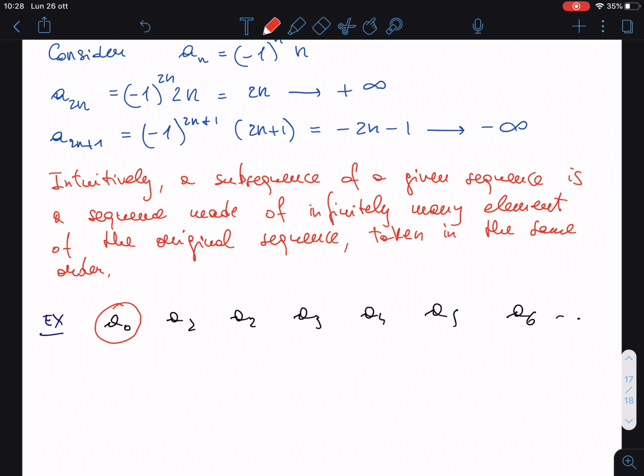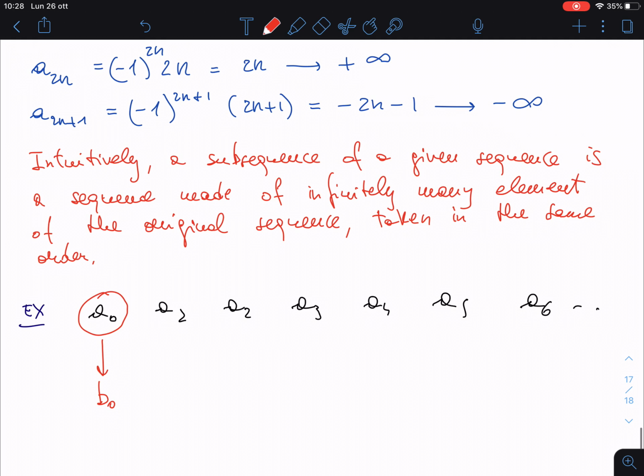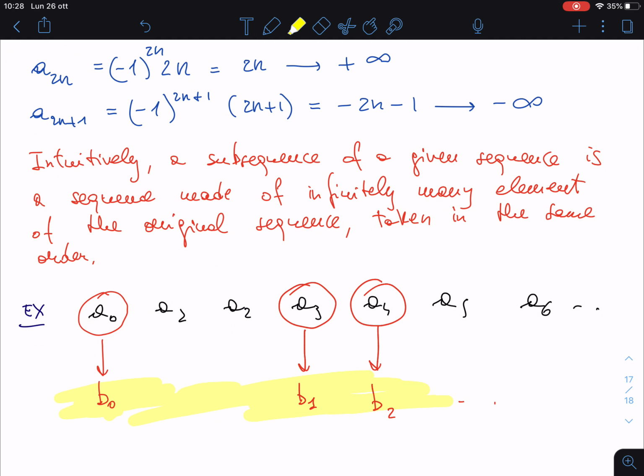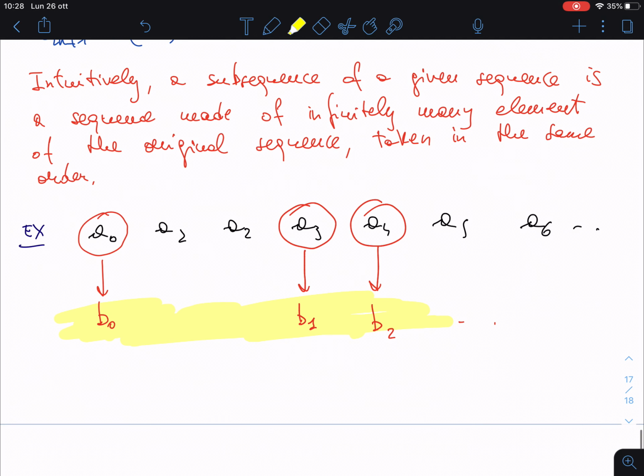For instance, this a_0, that will be our b_0, then a_3, this will be b_1, and then of course a_4, this will be b_2, and so on and so on. So this red sequence made of elements b_j or b_k will be the new sequence, the subsequence.